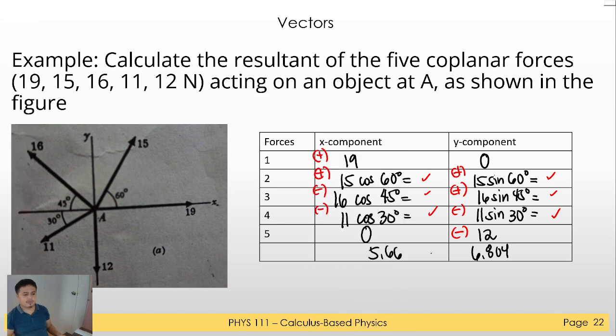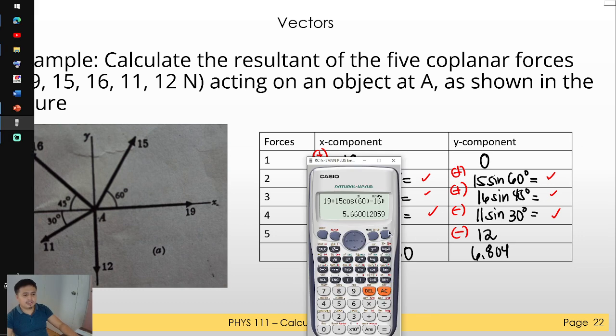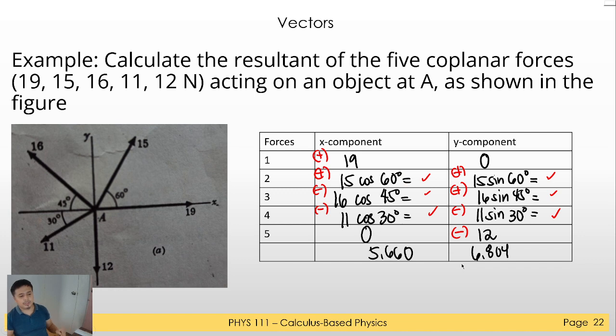Okay. We did okay. If both of these components are positive, guys, that basically means that they are in quadrant 1. So if x is positive and y is positive, it lies in quadrant 1.